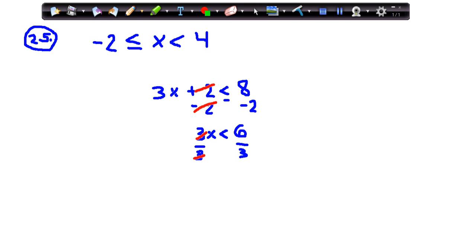So that cancels, that's out. And that leaves x. This is how they got the answer in your book as you're looking at the example. Bring down the less than sign. And we know 6 divided by 3 gives us 2. That's how they got the answer in your book.